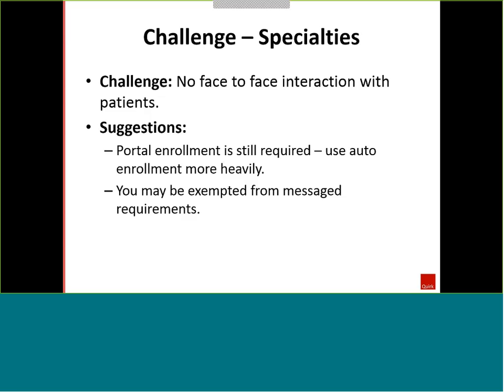So really, in all honesty, you're going to have to use auto-enrollment in those cases because those people just aren't going to get in and sit down at a computer in your 3-month window. However, you very well could be exempt depending on specialty. But yeah, lean heavily on that auto-enrollment in certain cases like that.